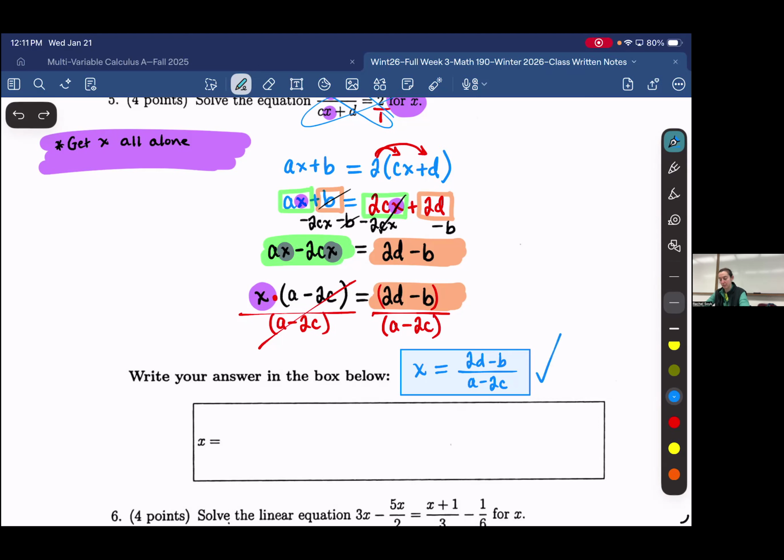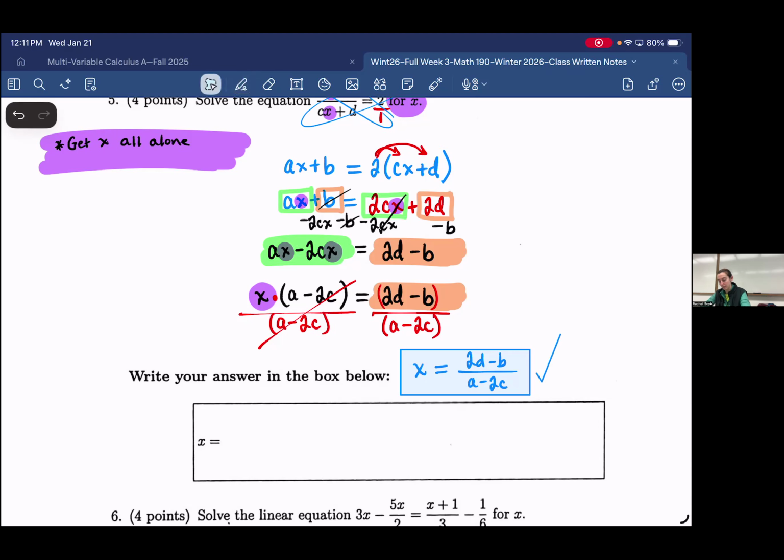Yes. Would you, instead of just factoring it, just divide a minus 2c from both? Yeah. Mm-hmm.